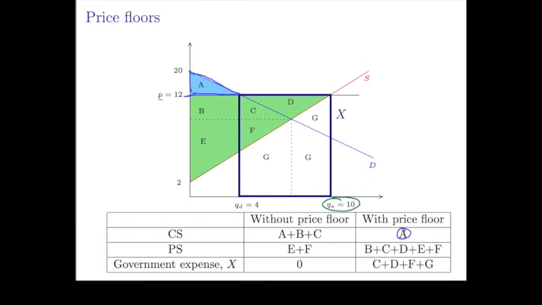Now we still have to include the expenditure of the government. So the government is going to spend $12, which is the height of this rectangle, on every unit that the consumers don't buy, but the suppliers produce. So suppliers are producing 10 units. The consumers are only buying 4 units.